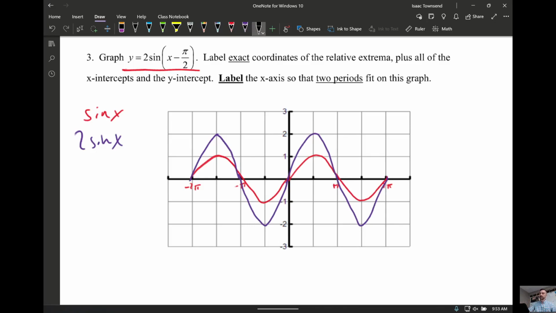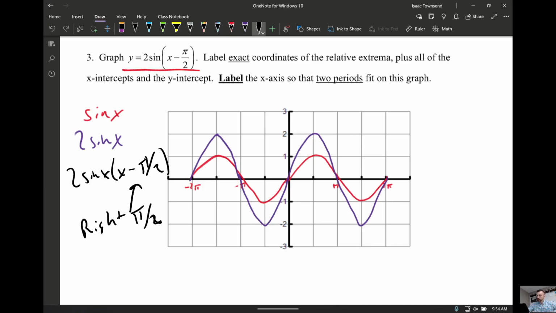And because there's a C value, that is going to be a phase shift right, and that's a big one. If you go left, you're going to miss all these points, and it's going to look really confusing for a second. Right, C over B, but since B is 1, it's just going to be pi over 2. So think about how much pi over 2 is.